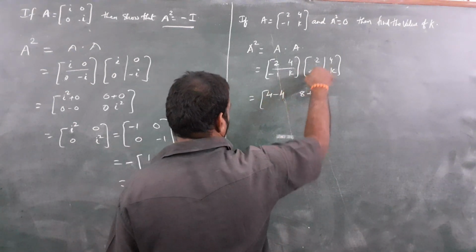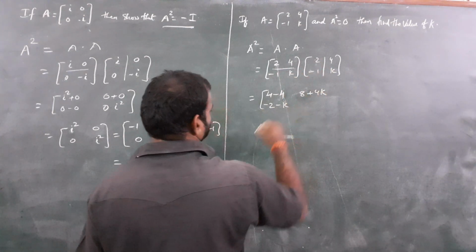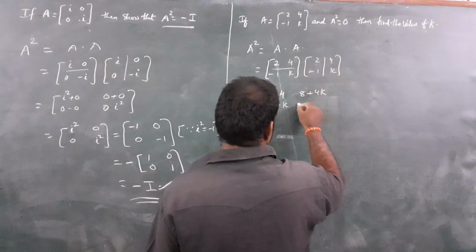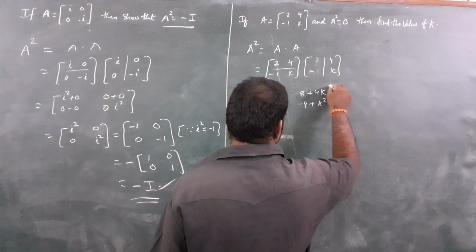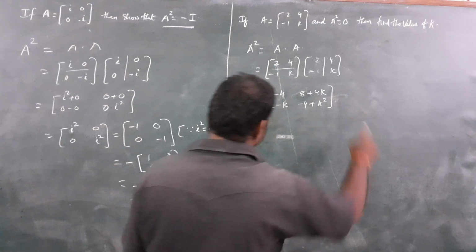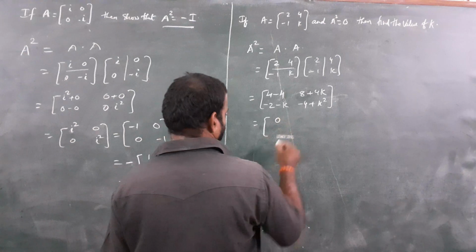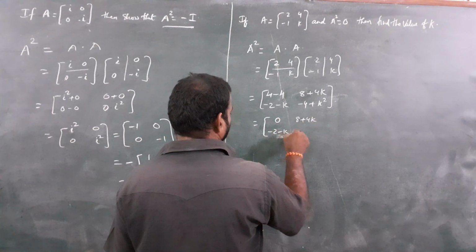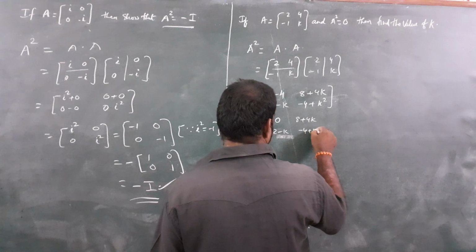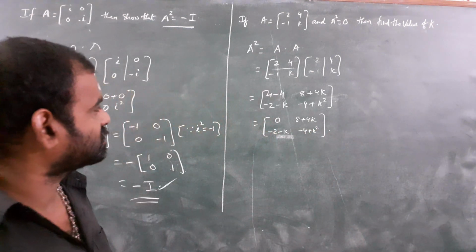Likewise, this row and this column: -1 into 2 is -2, k into -1 is -k, -1 into 4 is -4, k into k is plus k square. So this is nothing but [4 minus 4, 0; 8 plus 4k; -2 minus k; -4 plus k square]. This is the obtained matrix.